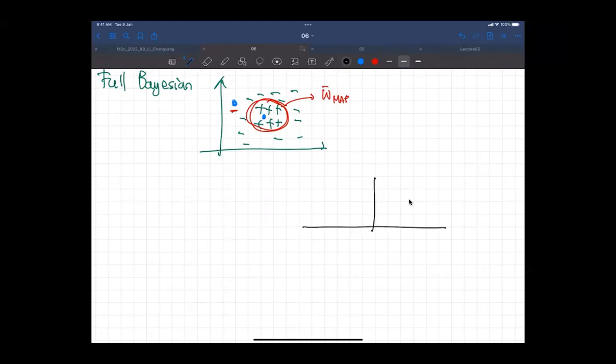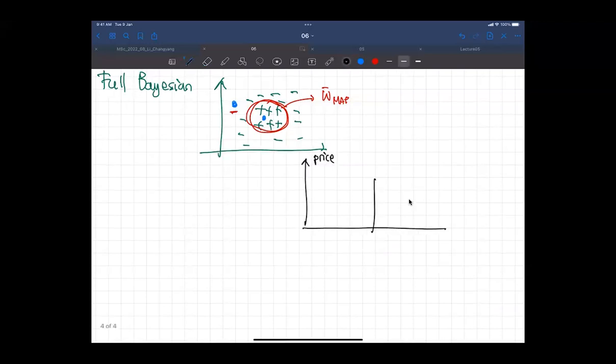In regression, we have the price, and the distribution is about T nu. The x-axis here is the price. The y-axis is the probability of T nu given T bar.